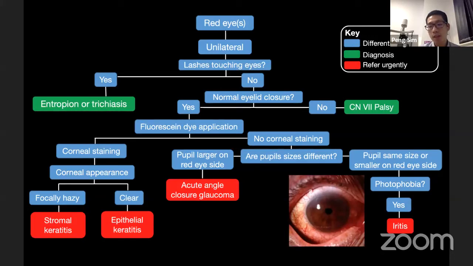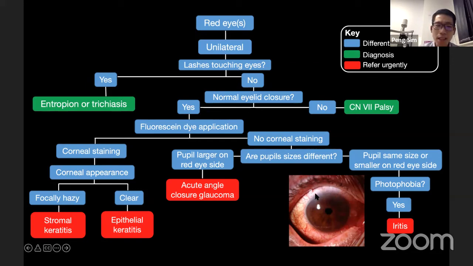This is a condition where classically the pupil is smaller and the eye itself is red, and the redness is usually what we call perilimbal or circumcorneal. It's just around the cornea here, and the patient is extremely photophobic.